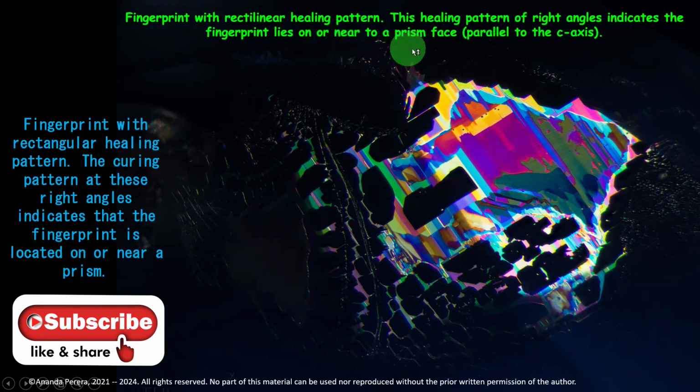The fingerprint lies on or near a prism face, parallel to the z-axis. If it is parallel, we can see the rectangular shapes here. If it is not rectangular, we are learning later, then it is not parallel to the prism face. So these are the two things. Here we are enjoying the first thing.